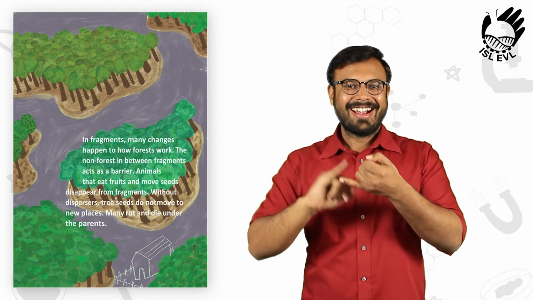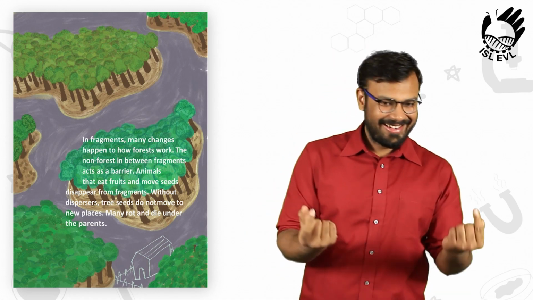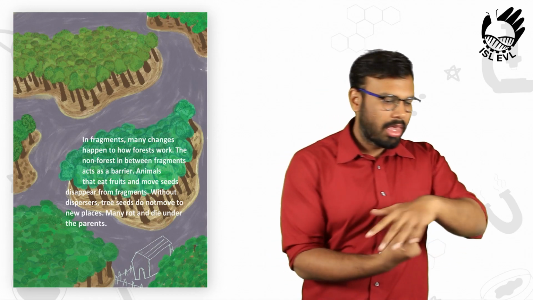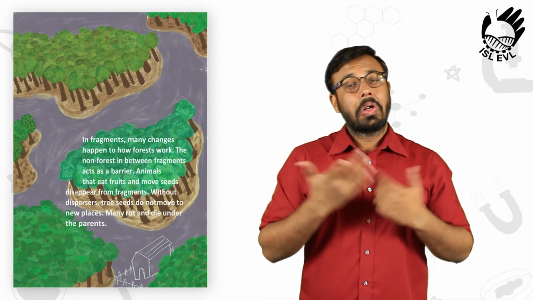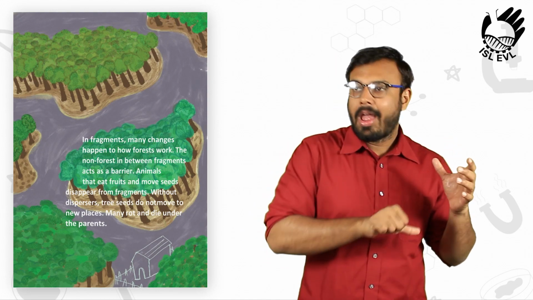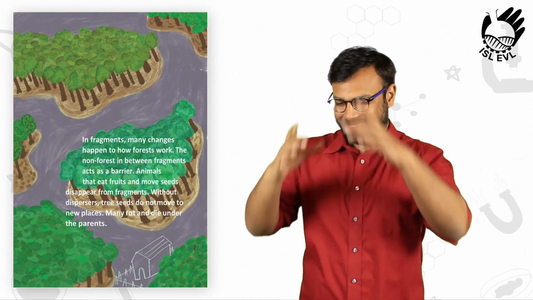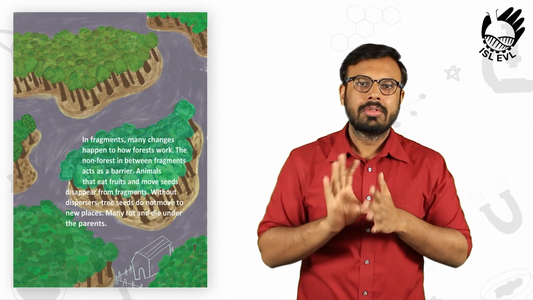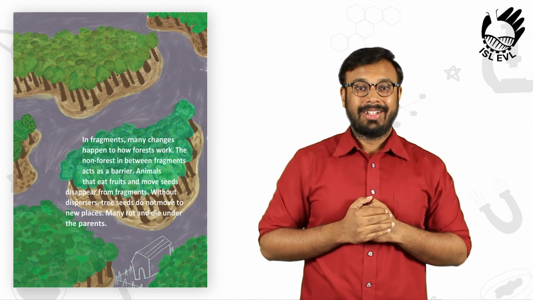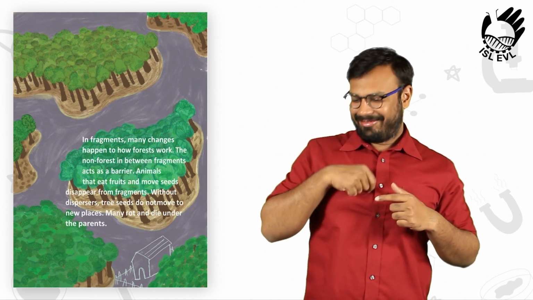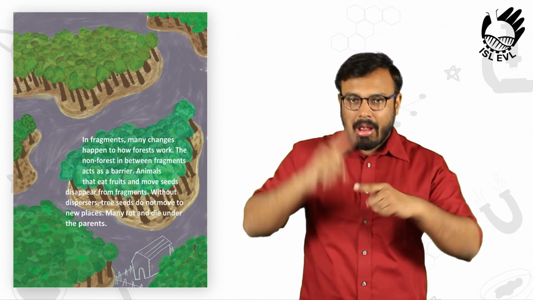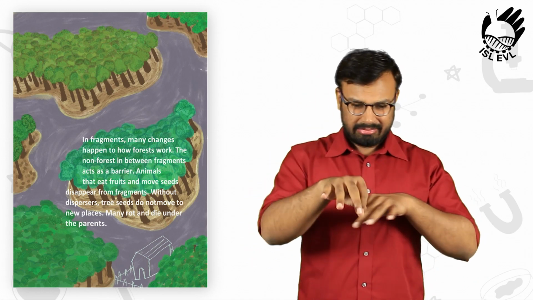Without dispersers, tree seeds do not move to new places. Do you think we can just pull a tree and plant it in some other place? We cannot. Many rot and die under the parents.